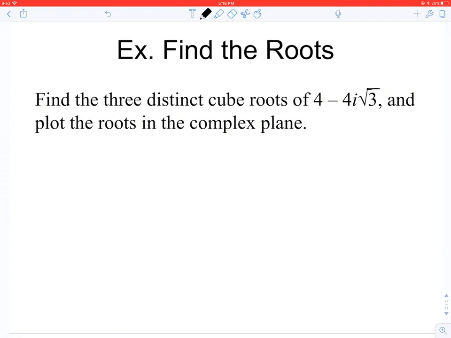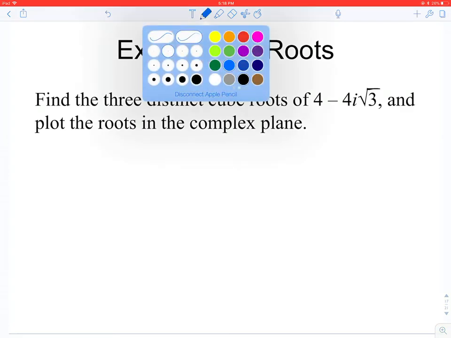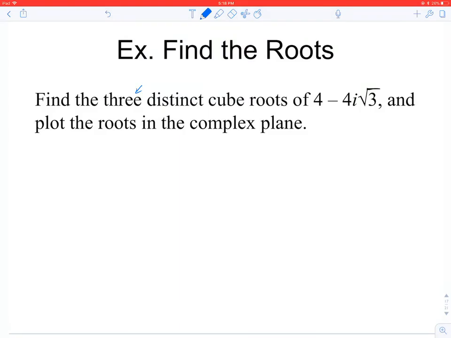Okay, so if we want to find the three distinct roots for 4 minus 4i root 3, we are essentially trying to find the three complex numbers that when raised to the third power will give us 4 minus 4i root 3.